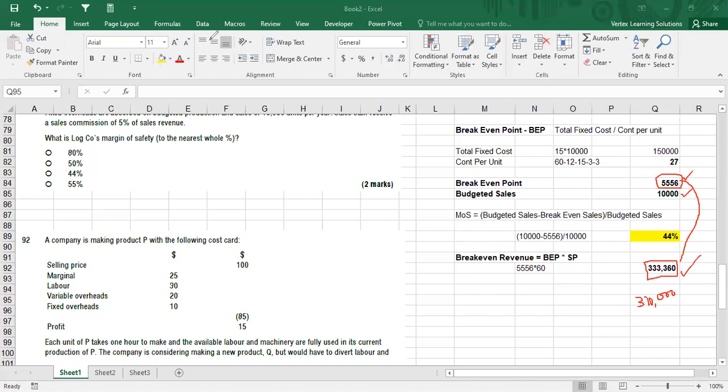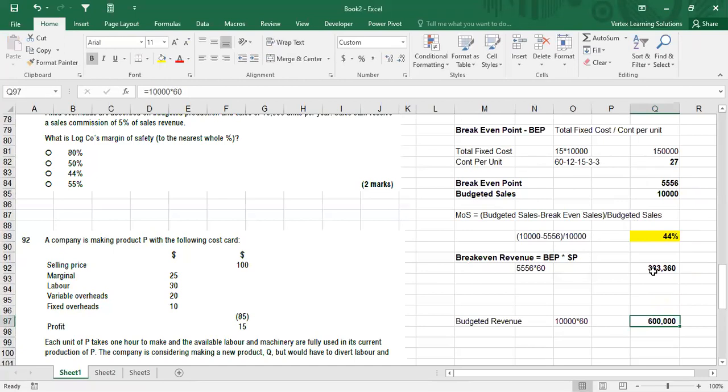So this is called my break-even sales, break-even revenue. What is your budgeted revenue? Your budgeted revenue is 10,000 units multiplied by 60 per unit. So this is another number. I'm just playing around with some numbers, doing extra work.